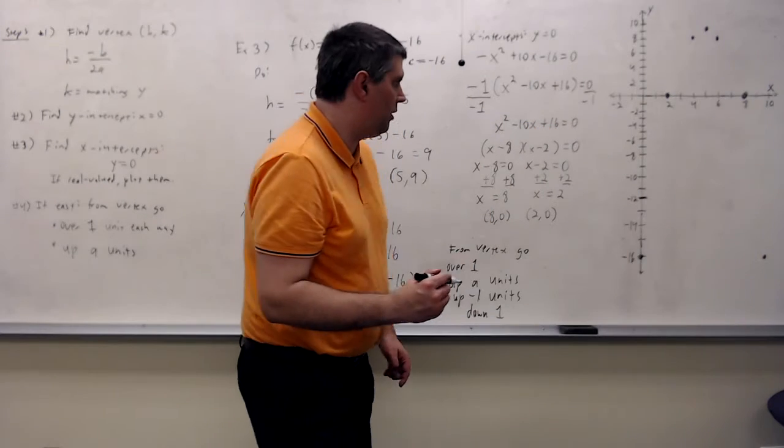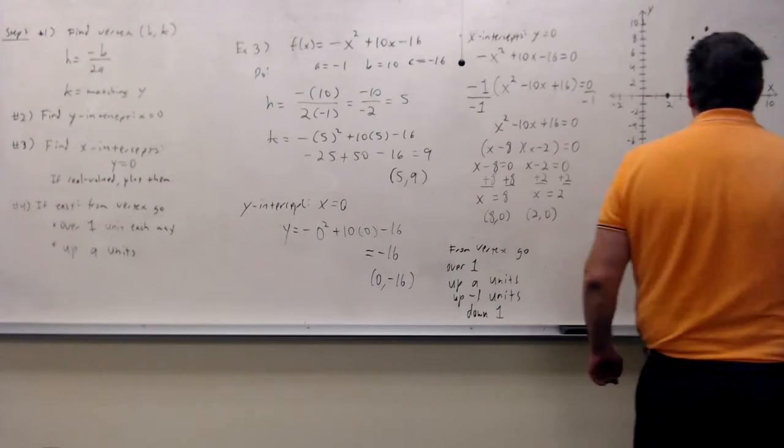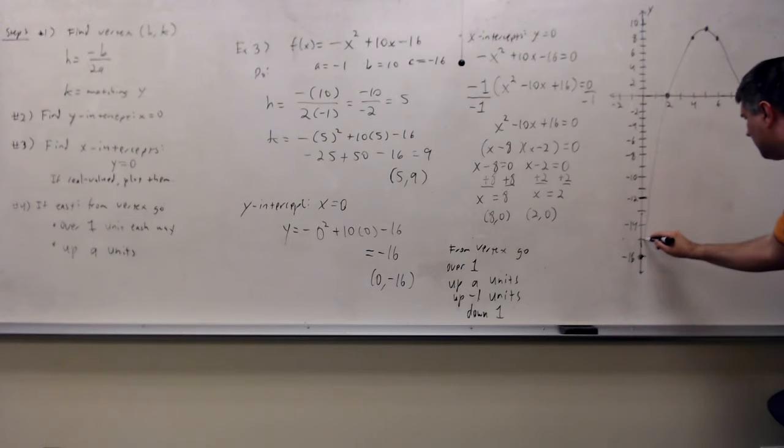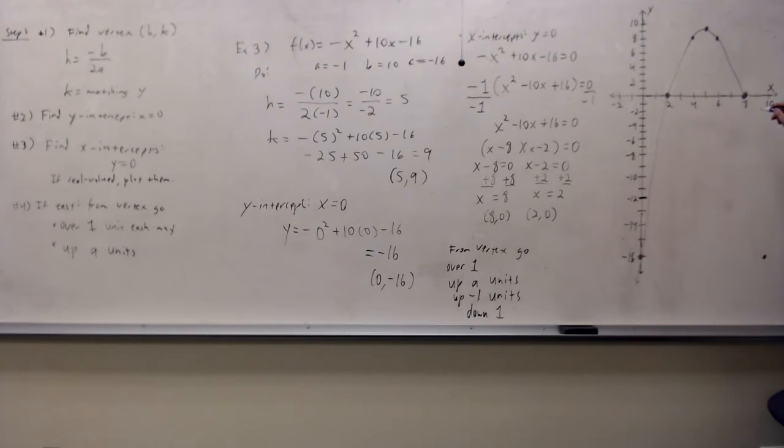All right, and then I'm going to put that curve through that will hopefully hit everything it's supposed to, despite the fact that, again, I'm not a very good sketch artist.